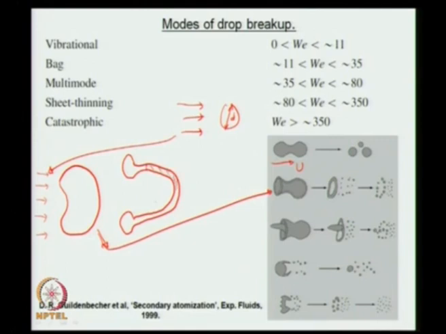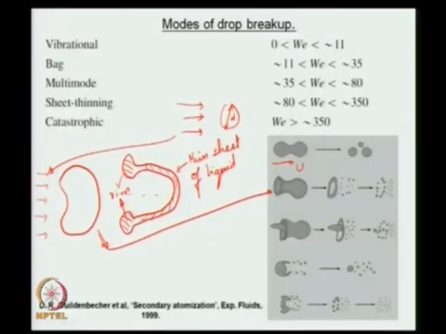So, this is a thin sheet of liquid with an axisymmetric rim. Now, you will have to imagine this is axisymmetric. So, now these are all sort of schematic representations, but they are actually based on experimental observations. So, they are fairly accurate.